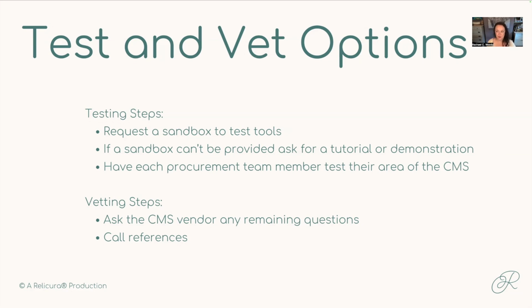Sometimes they have these readily available, other times they don't, or it depends on what sort of organization you are before they'll provide some. But I do recommend connecting with at least two different institutions that use that particular product, because you'll be able to connect with them on a peer level, and they'll be more candid with you about their experience and how well or not the product is meeting their requirements.